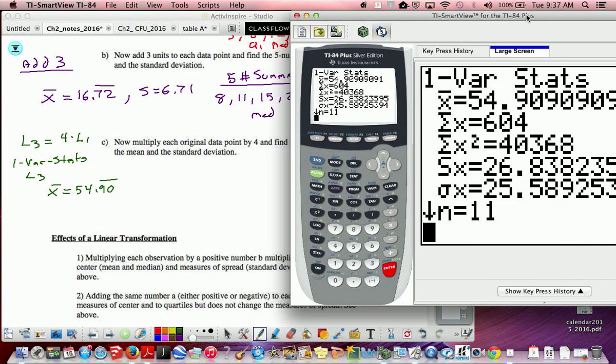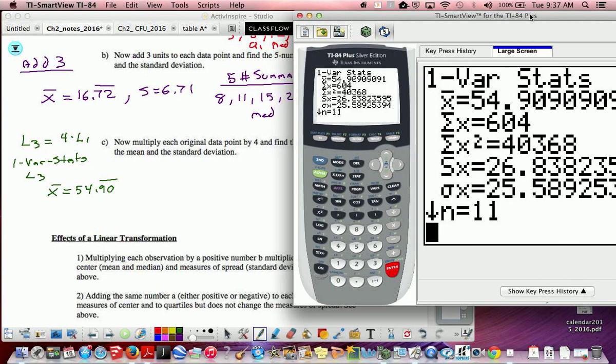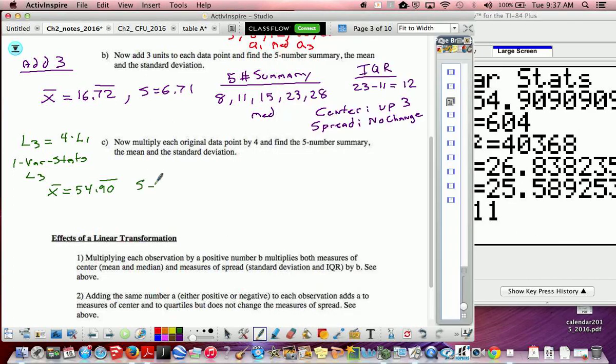My standard deviation, 26.84. My 5-number summary values are 32, 44, 60, 78, and 112, I think it is.